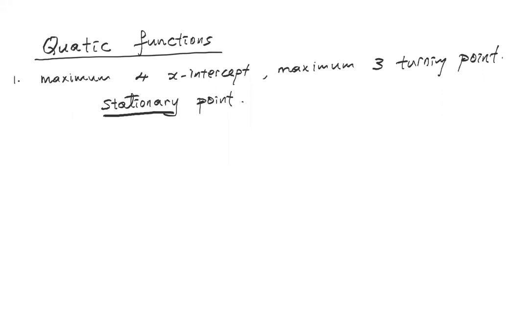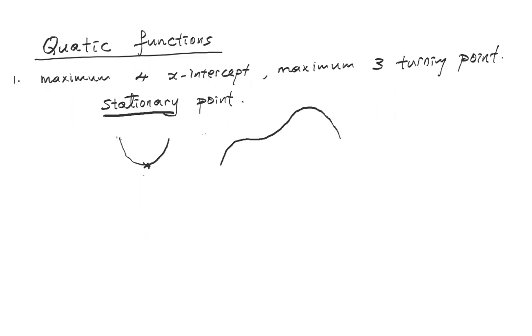Like not moving, not changing, correct? So if I give you a quadratic, you see the gradient starts decreasing until here it stops decreasing. Then after that it starts increasing. So this is one type of turning point, and it is a type of stationary point. And we can also have a stationary point which is like that. This is also called a stationary point.